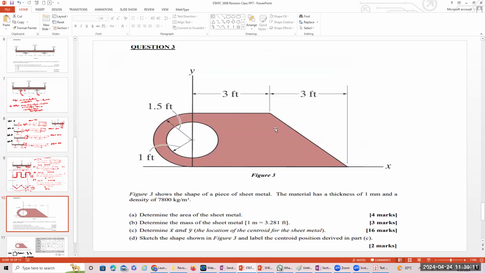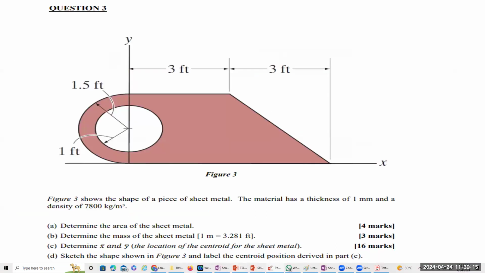So this one, you have a system here. Let's look at what it asks. It gives you thickness and density, so from that you know that you're going to find the mass. A lot of people mess up.